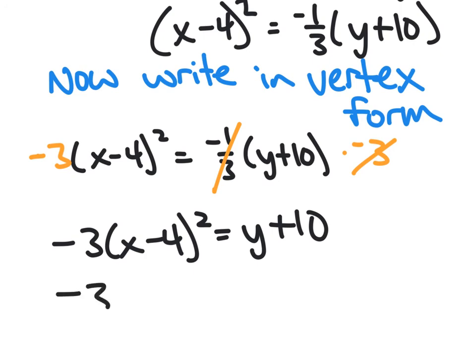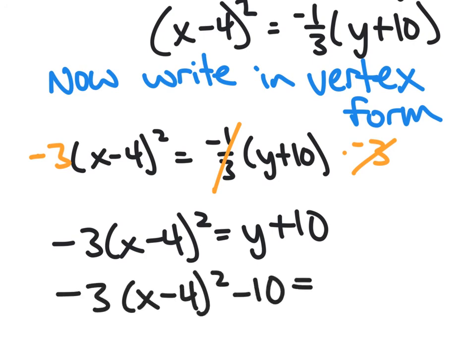Finally, I'll just subtract 10, and now I've got this in vertex form. And we can see that the vertex is still here at (4, -10). And if I wanted to, I could continue writing this in standard form, just like we've seen for the past couple of days. All right, I know that this is a lot, but I think you can do it. All right, bye.